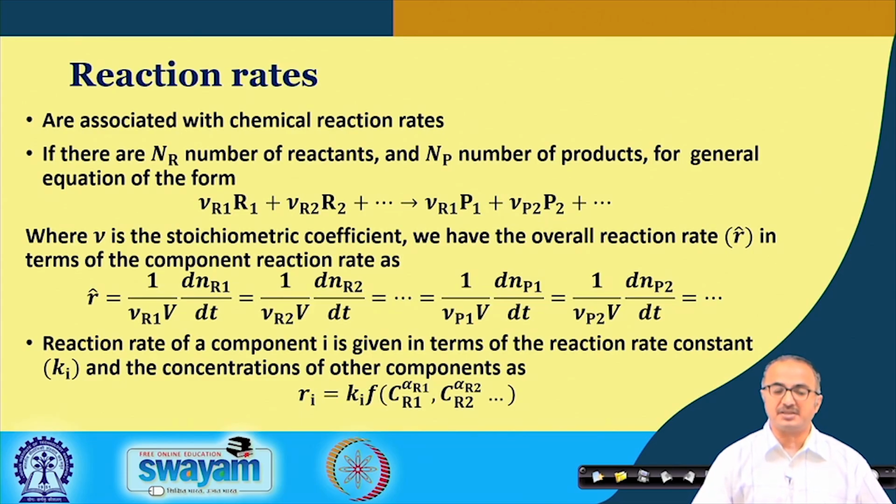Next is the reaction rates, and these come whenever we have some kind of reaction happening in the system. Here we find a generalized expression of any reaction given in terms of the reactants and the products. R represents the reactants and P represents the products, and these ν_R1, ν_R2, all these ν values are the stoichiometric coefficients. These kinds of equations you have been taught in school in chemistry, and we have also been taught how to find the overall rate of reaction in terms of the individual rates of reaction.